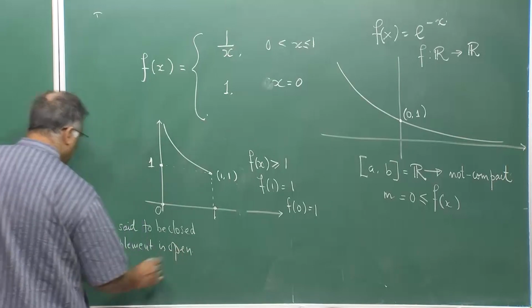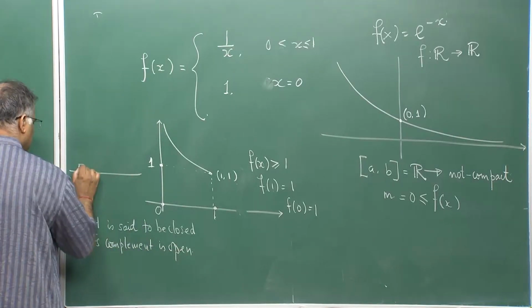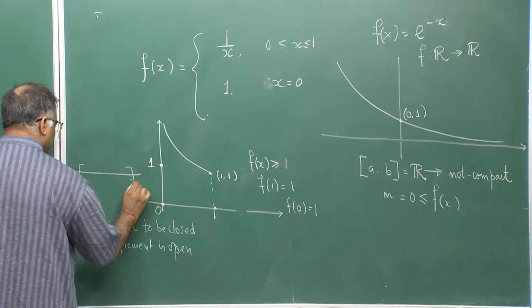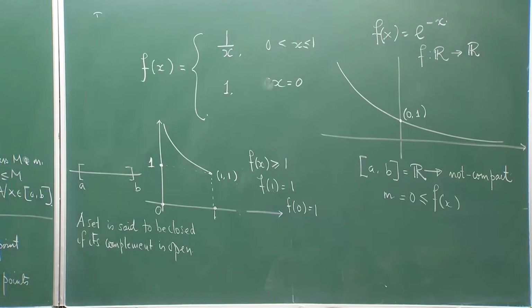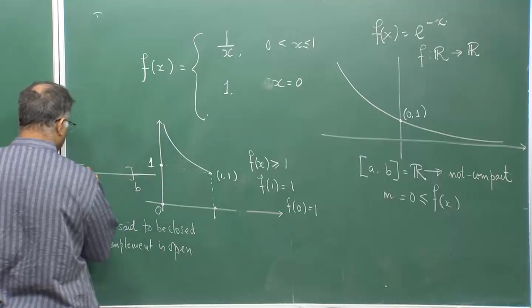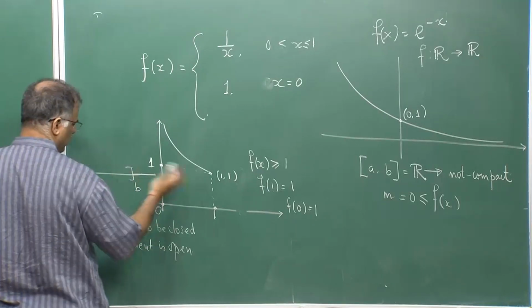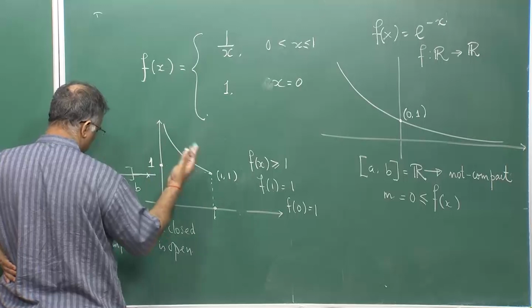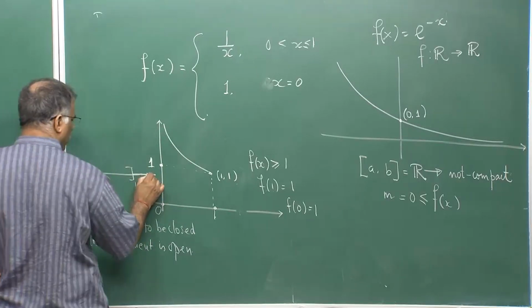For example, if I take this interval say a b, of course, it is bounded, every x is lying between a and b, but is it closed? Just look at the exterior part of the set, the complement, take a point in the complement.